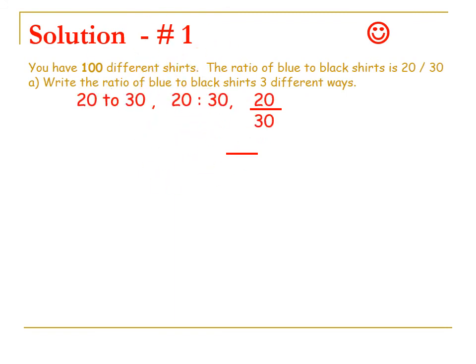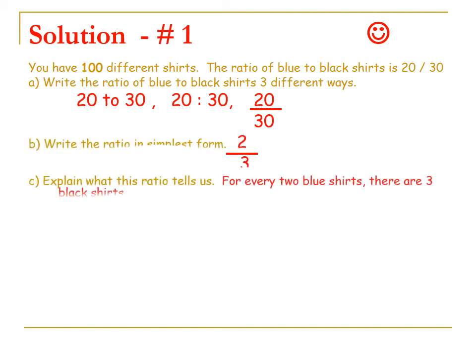First way, I will write it as 20 to 30. The second way, I will write it by using the colon, 20 colon 30. The third way, I will write it as a fraction. B. Write the ratio in simplest form. How will we simplify the ratio? We said we simplify the ratio like we simplify a fraction, by finding the greatest common factor.